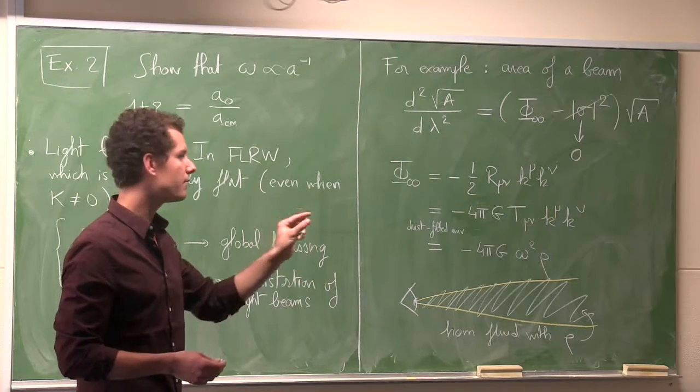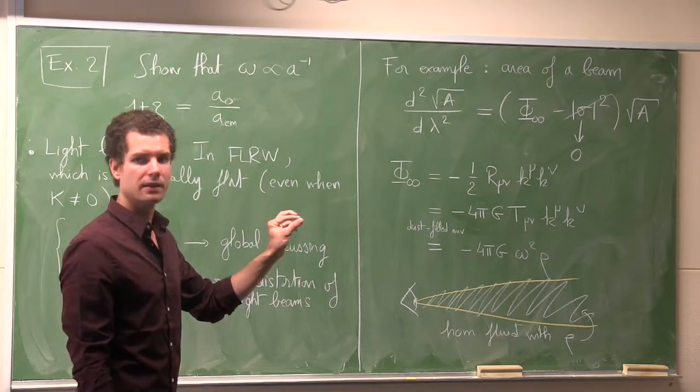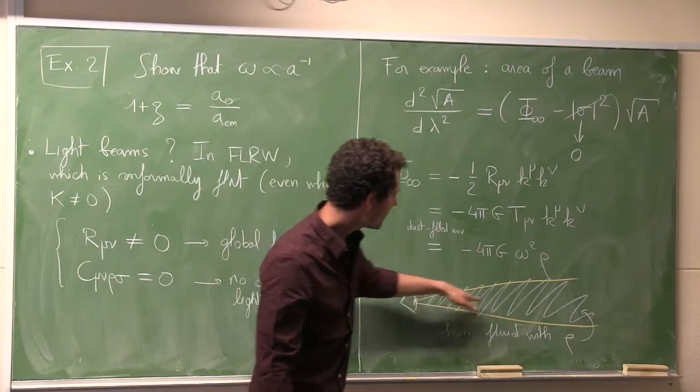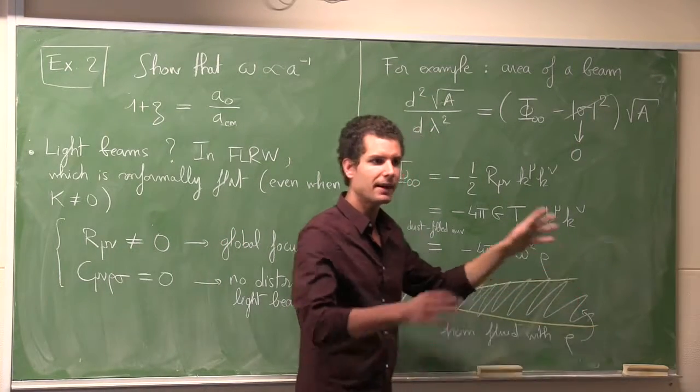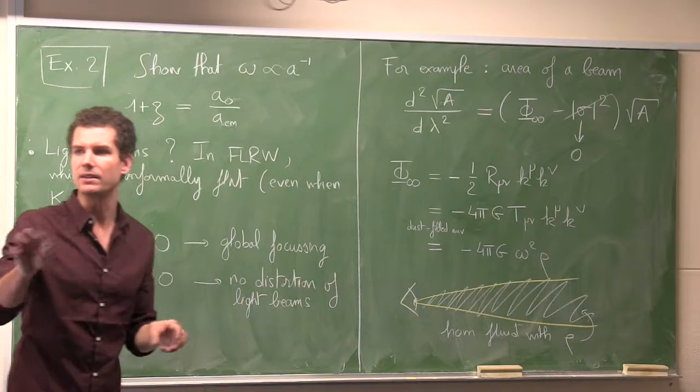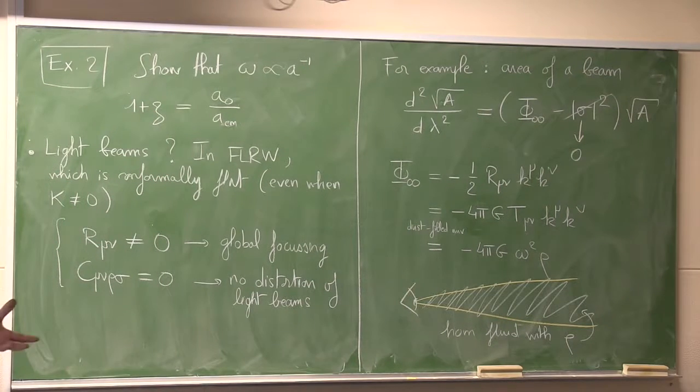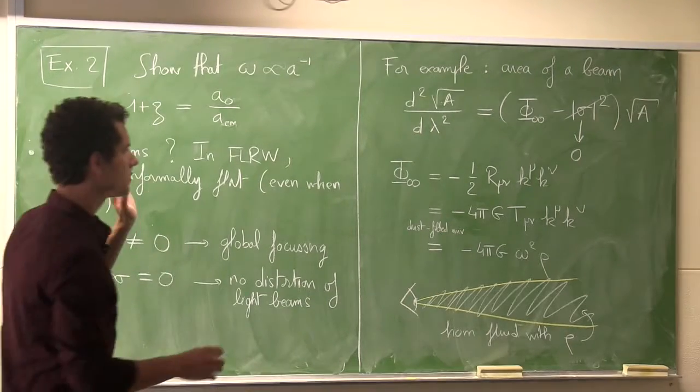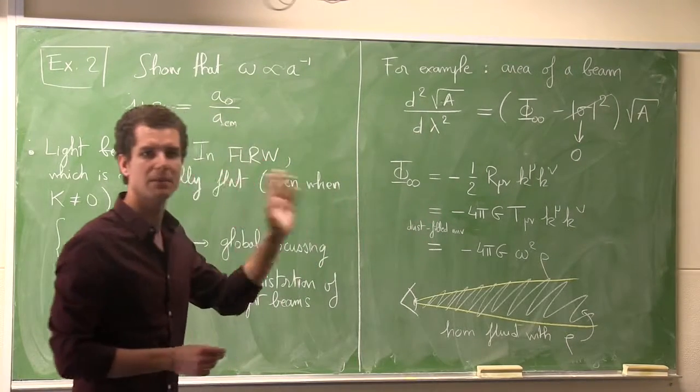But when you think about very small light beams, they shouldn't really encounter so much matter. If matter is clumped into galaxies, dark matter halos and things like this, you could expect light beams to propagate through mostly empty regions.